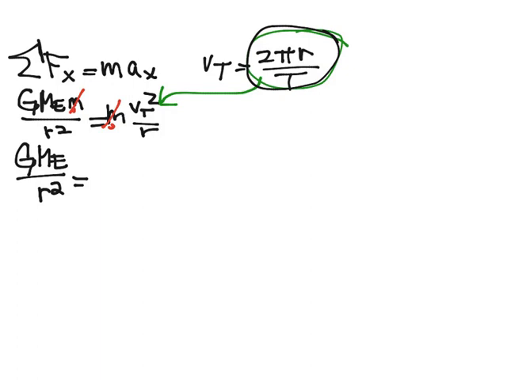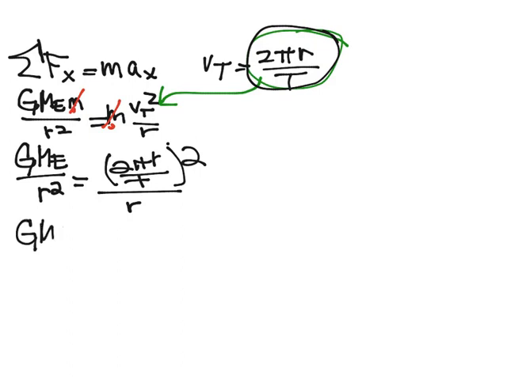Alright, so now that you've gone ahead and done that, we have Vt squared, so that's 2 pi r over t, squared, all divided by r. I'm going to write that out, so I have G me.